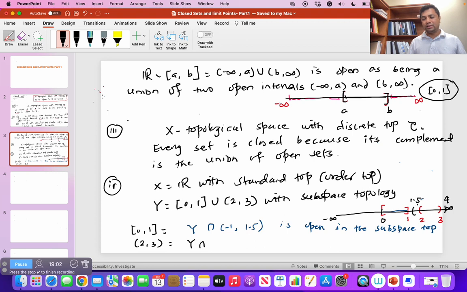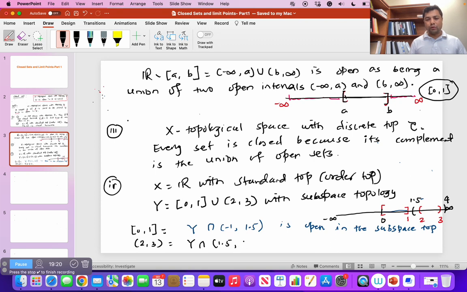Then the open interval from 1.5 to 4 is an open set in the standard topology. If we take the intersection of this open set with Y, we get the interval 2 to 3.